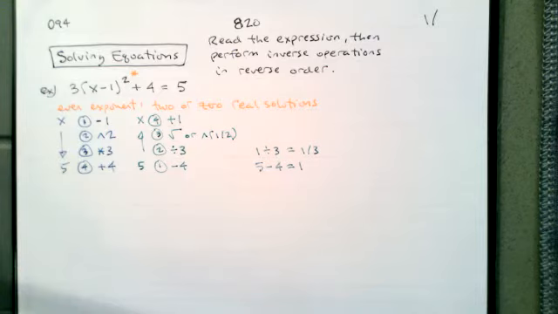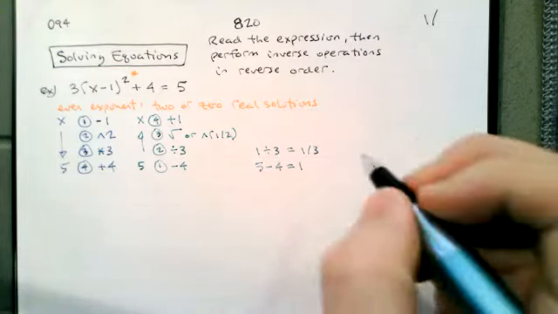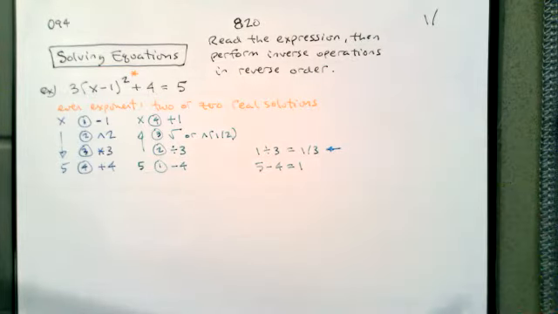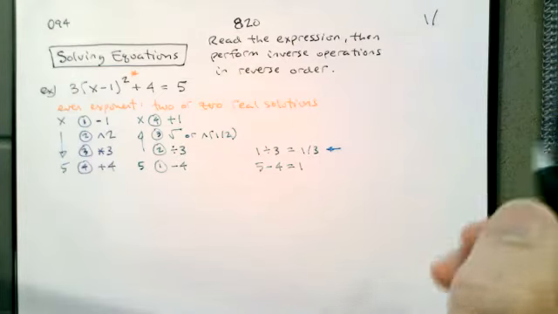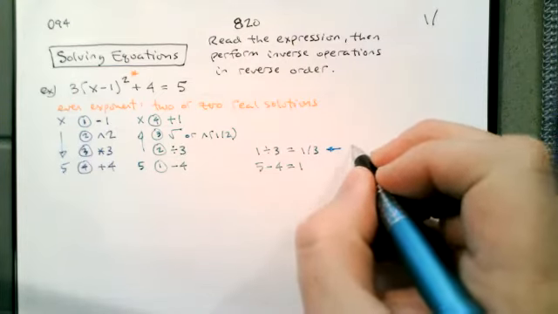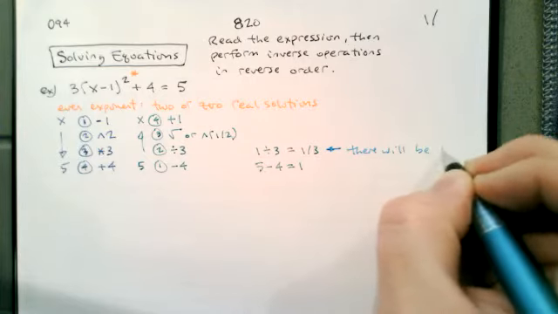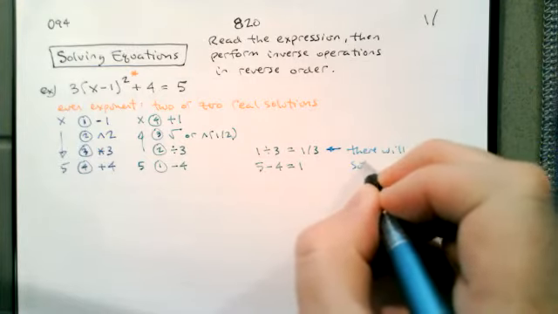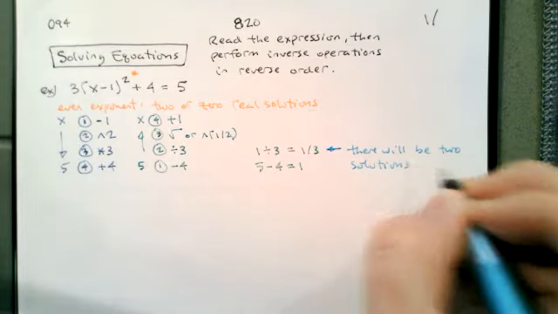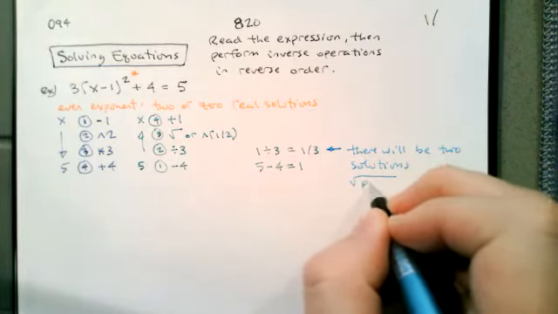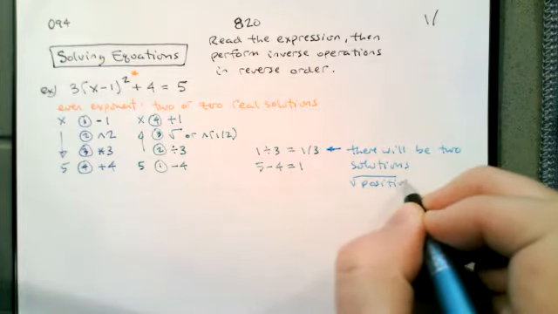A lot of times we see this as plus and minus. The step right before the square root, we're going to do the square root of a positive 1/3.